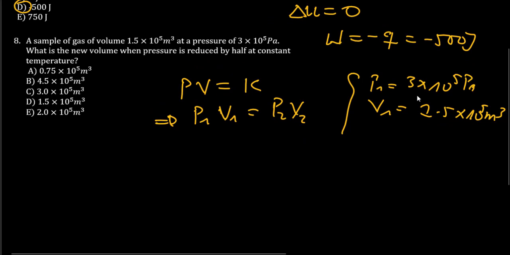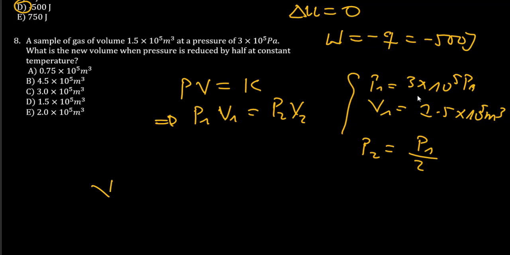So it means P2 is simply given by P1 divided by 2. So let's replace and get the value of the new volume V2. So we get V2 will be equal to P1 V1 divided by P2.